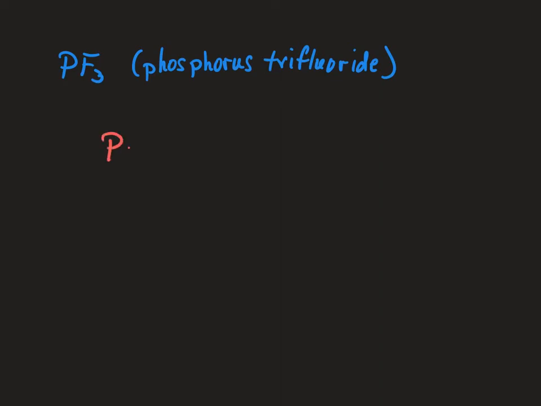Now let's look at a molecule like PF3, phosphorus trifluoride. Phosphorus is the less electronegative atom, so the phosphorus will have to be in the middle, and the fluorines will have to be around the outside.